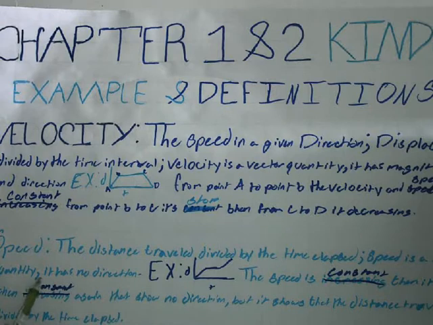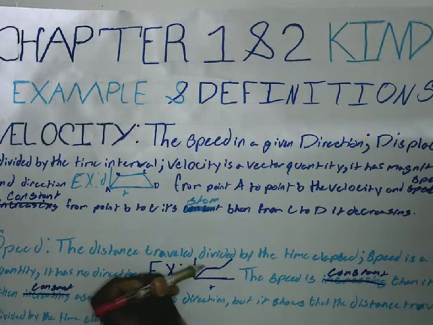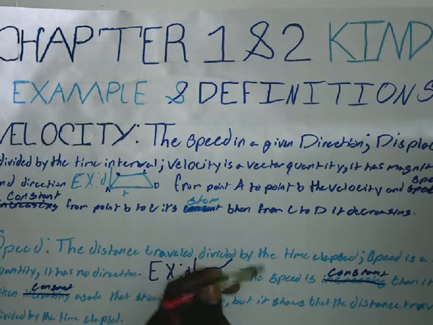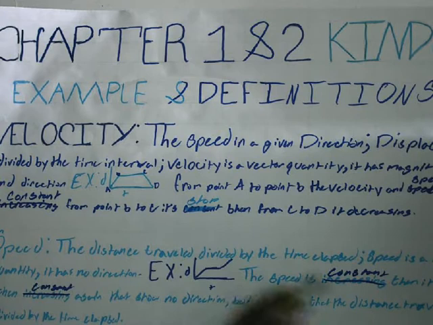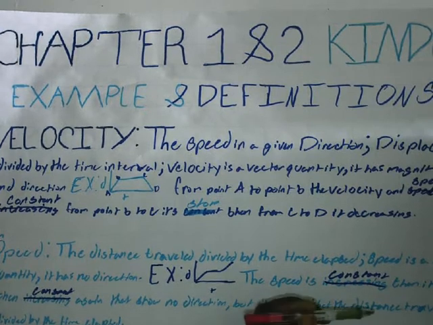For example, this graph shows you the speed stays constant, stops, then is constant again. That shows no direction, but it shows that the distance traveled is divided by the time elapsed.